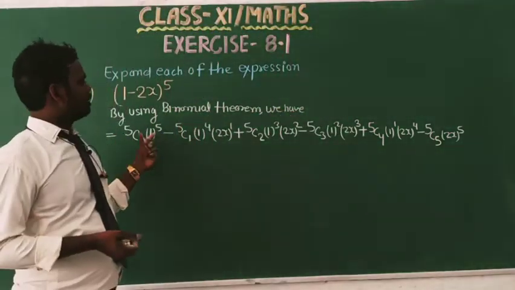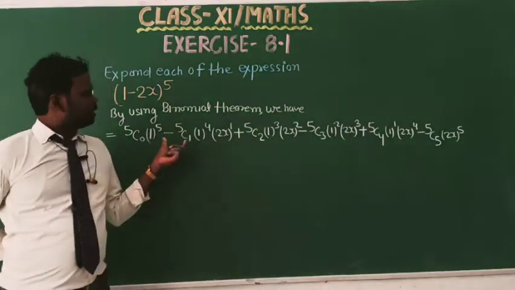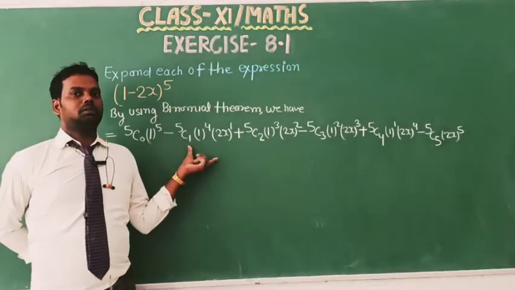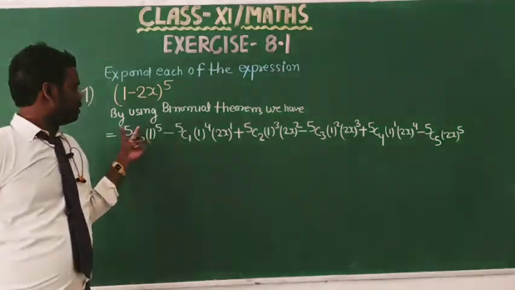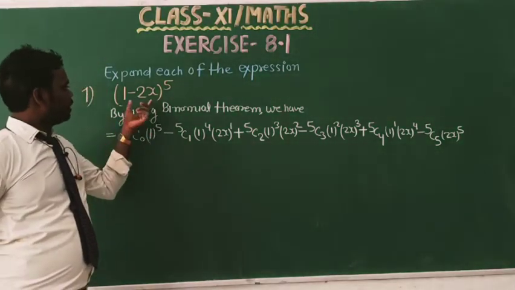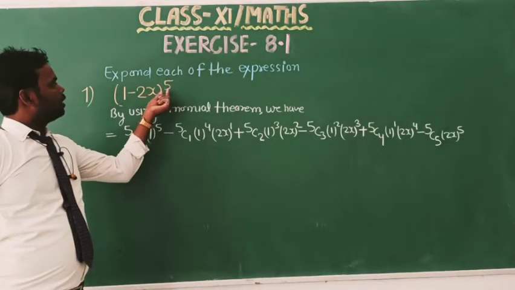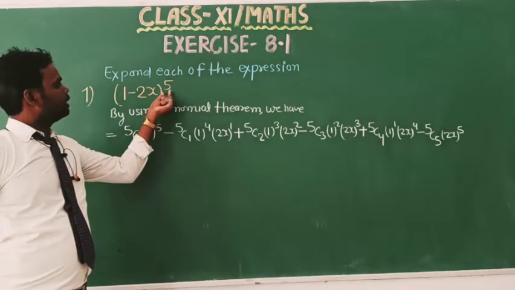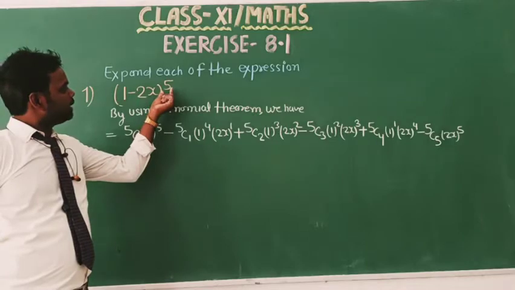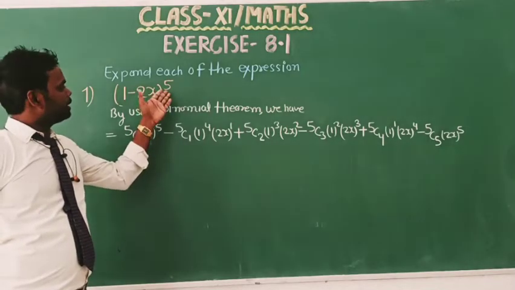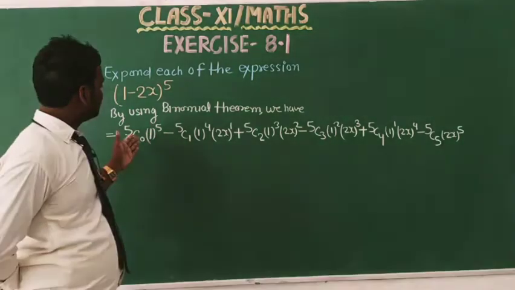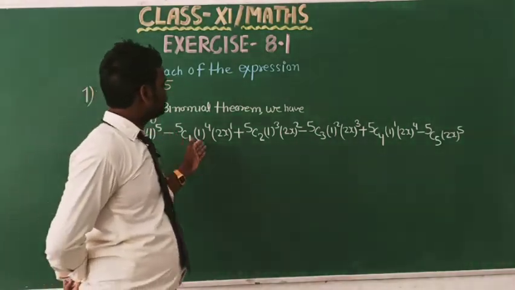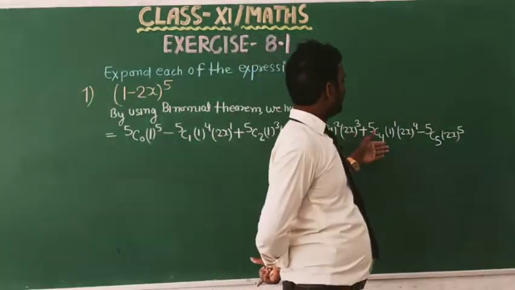Okay, the total number of terms in the expansion of the binomial theorem is equal to one more than the given index. If the index is 5, the total number of terms will be 6. We count here 1, 2, 3, 4, 5, 6.